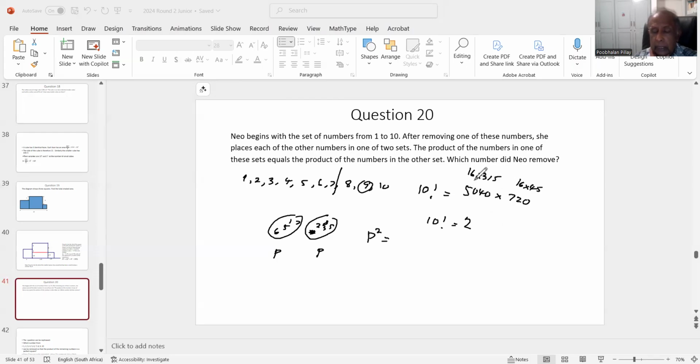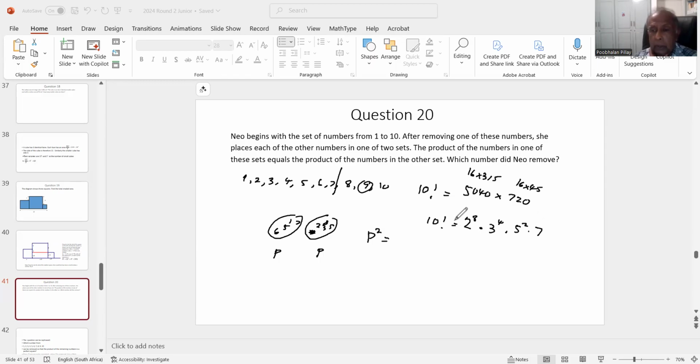So now I can factorize: 2 to the power of 8, 2 to the power of 4, another 2. 315, 9 goes into that, 9 goes into that also. I'm doing it rapidly. And then 5 goes into this, and there's only one 5 here, so it's 5 squared. And there's only one 7.